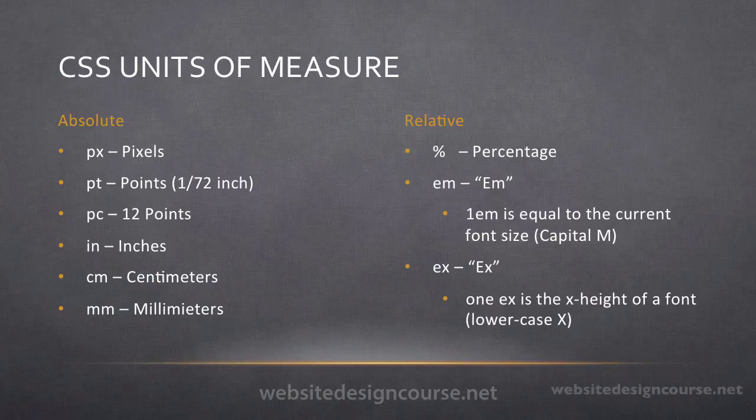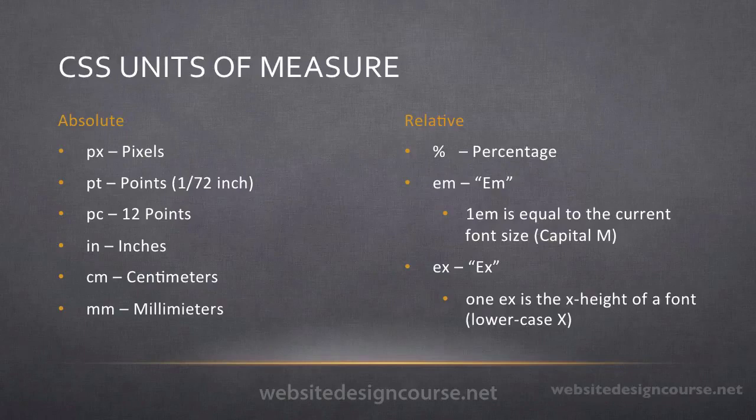Over here on the left, these are fairly self-explanatory. A pixel is a pixel. Now you could maybe argue that the pixel is actually a relative unit of measure because pixels, I guess, technically change from screen to screen in resolution and pixel density. But for our purposes, we're going to leave them over in the absolute category. Points are 1/72nd of an inch.